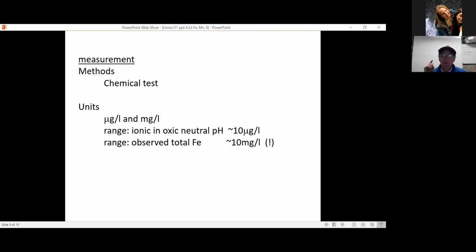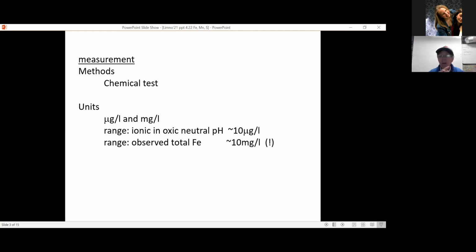Okay, what are the units? Micrograms per liter and milligrams per liter. So, parts per billion and parts per million. What kind of range do we see? Well, the two things I would give you as ballpark indicators are ionic iron, so like Fe2+, just iron atoms dissolved in water.